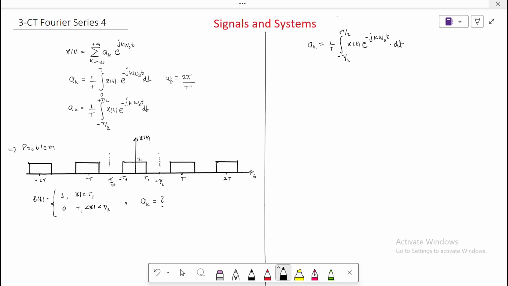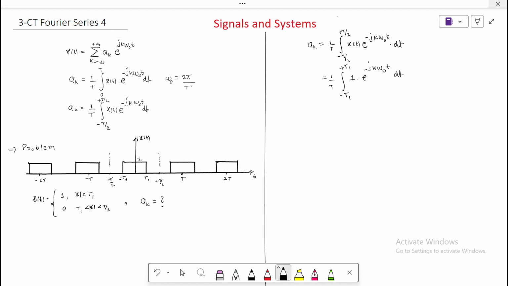If we split the integration, from minus T by 2 to minus T1 it is 0. So for simplification, we integrate from minus T1 to plus T1, where x of t equals 1, of e power minus jk omega naught t dt.